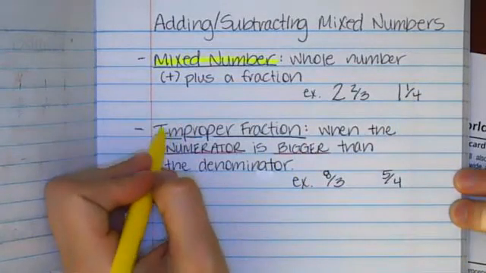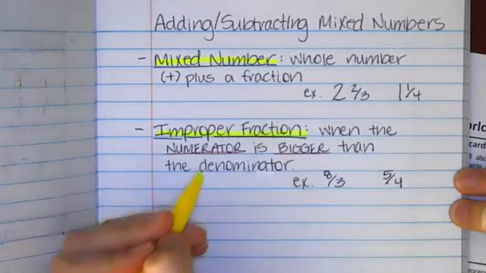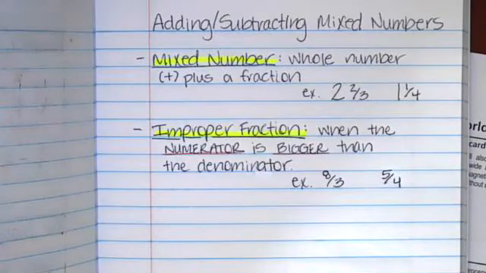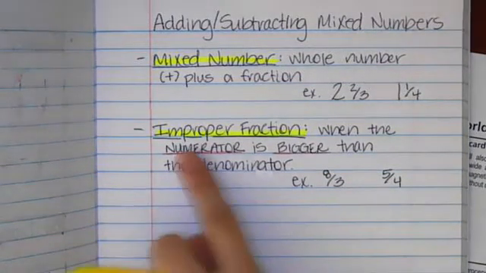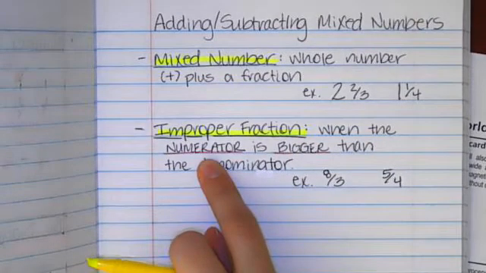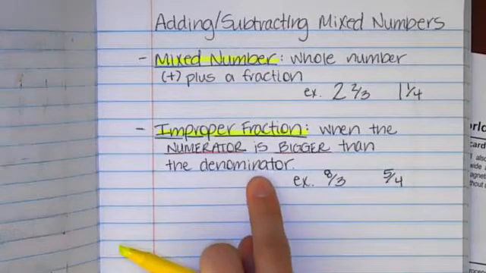The other thing I would like you to take a look at is improper fractions, and why it's important is that mixed numbers and improper fractions are very closely related. An improper fraction is when the numerator, the number on top, is bigger than the denominator, the number on the bottom.